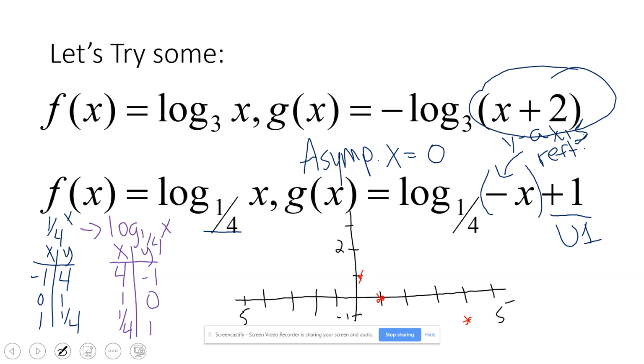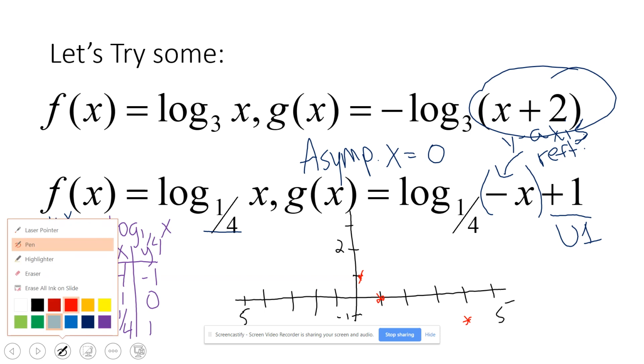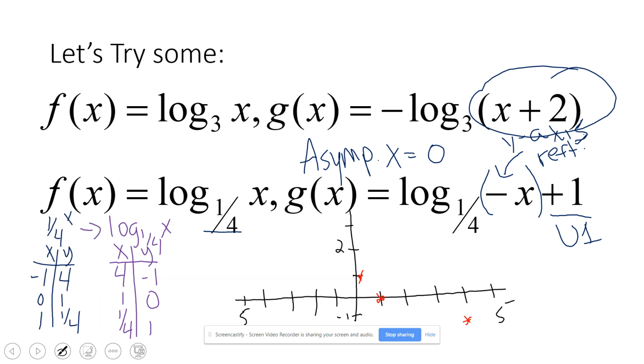All right, the y-axis reflection is our first transformation. Remember, that's going to change our x value signs. So if this x value is a positive 1/4, then we would change it to negative 1/4, 1. Positive 1, 0 becomes negative 1, 0. And positive 4, negative 1 becomes negative 4, negative 1.